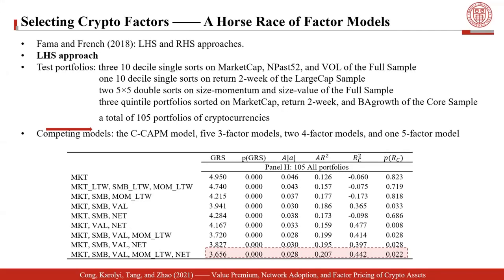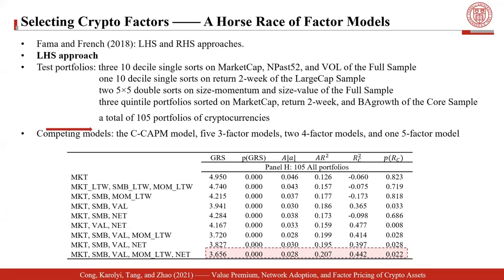In Fama-French 2018, the authors talk about both the left-hand side approach and the right-hand side approach. The left-hand side approach involves creating sorted test portfolios, and just seeing how the various factor models perform in terms of GRS. The lower the number, the better, along with average residual alpha and average R squared.